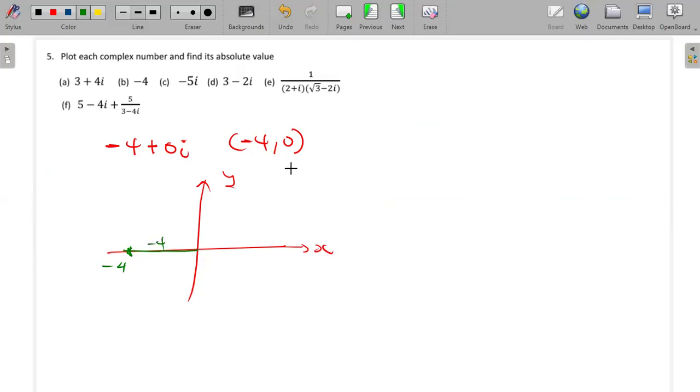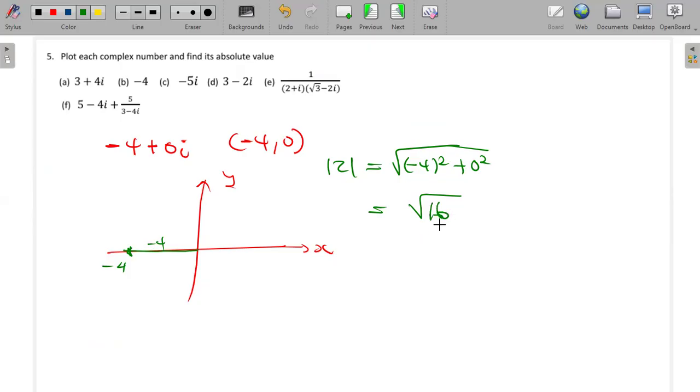And then your absolute value is going to be equal to the square root of -4 squared plus your y, which is just 0. So write 0 like that. And this here is going to be 4 squared, that's 16.